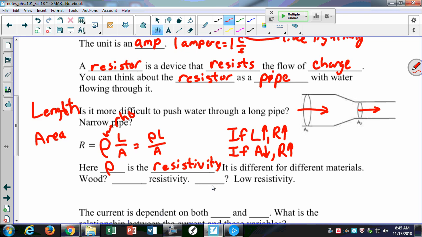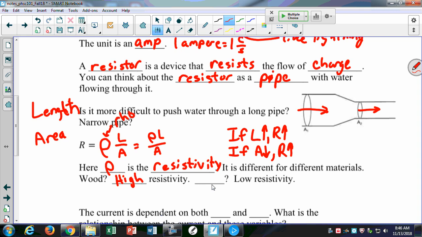Do you think wood has a high or a low resistivity? High. It has a very high resistivity because electricity doesn't go through wood that easily. You can put electricity through wood, although usually it'll just burst into flames. But it has a very high resistivity, so electricity doesn't flow through it very well.